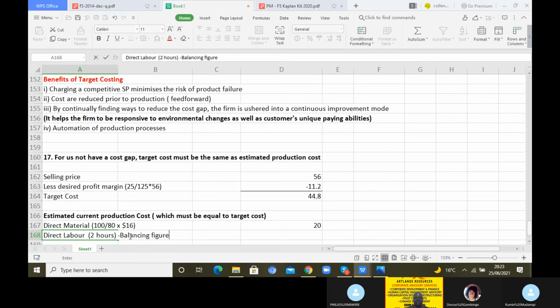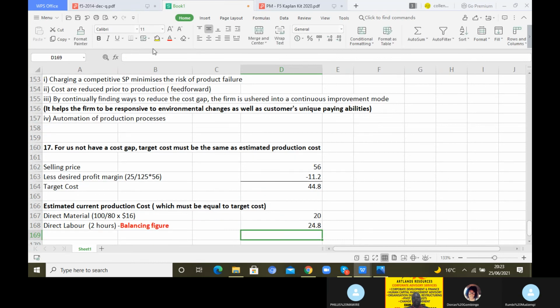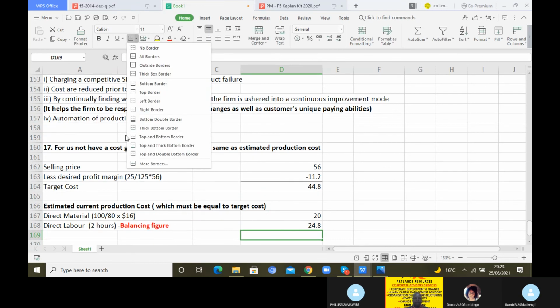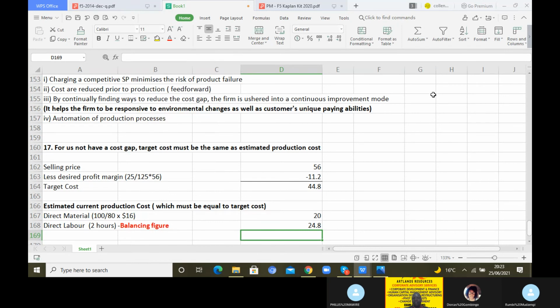Why? Because these costs must be the same. So direct labor equals 44.8 minus 20. Because I don't want a cost gap, this becomes my estimated current production cost.